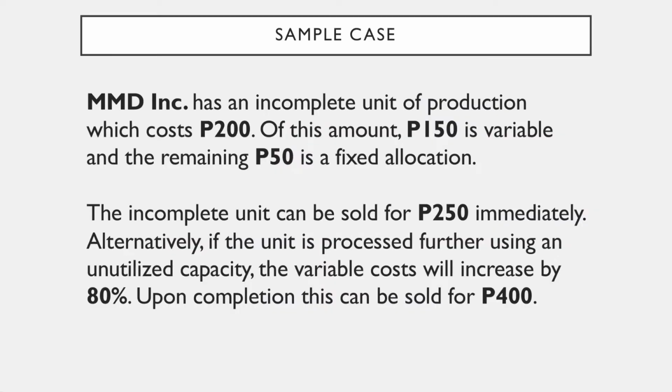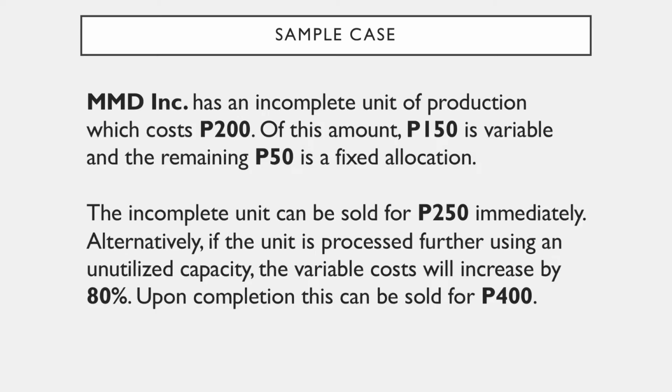MMD Incorporated has an incomplete unit of production which costs 200 pesos. Of this amount, 150 pesos is variable and the remaining 50 pesos is a fixed allocation. The incomplete unit can be sold for 250 pesos immediately.